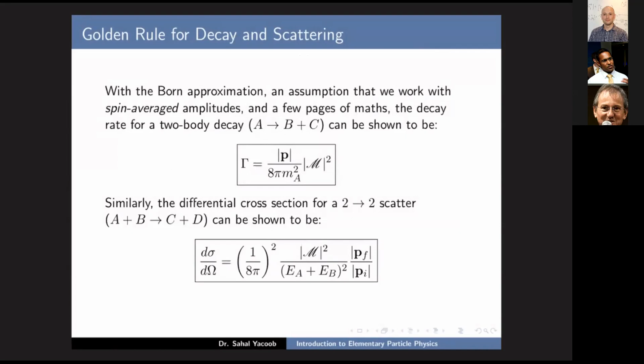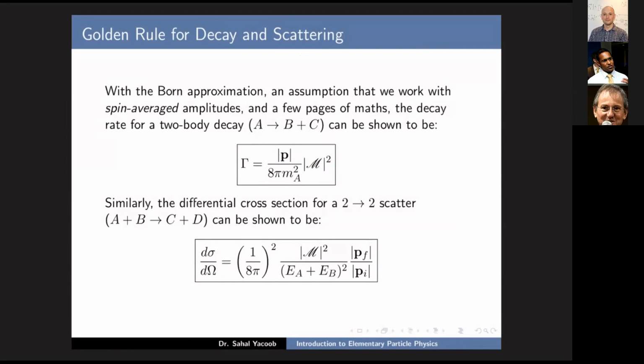So with the Born approximation and some assumptions, we work with spin-averaged amplitudes, because when we calculate the terms in the matrix element, we have to take into account spin conservation. Then there's basically 2 lectures at the honors level worth of work, and we get to a description of a 2-body decay.